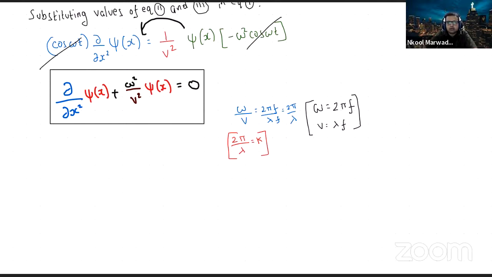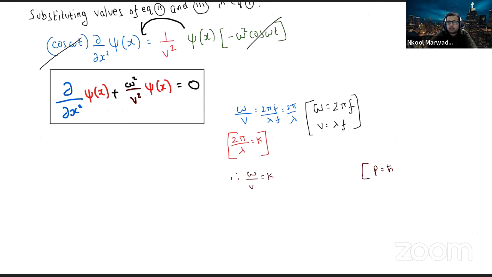Therefore, omega by v is equal to k, and I know momentum is equal to h cross k.